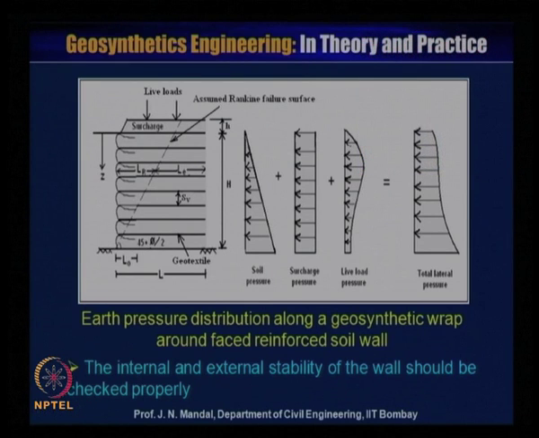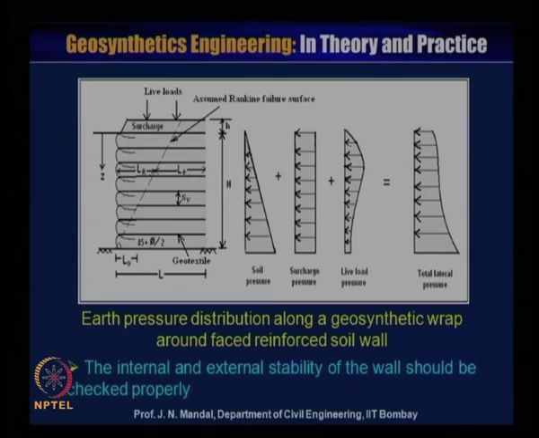So now in this wall, what is the earth pressure distribution along the geosynthetic wrapped around face reinforced soil wall? So we need to check the internal and the external stability of the wall, and that you should check properly.